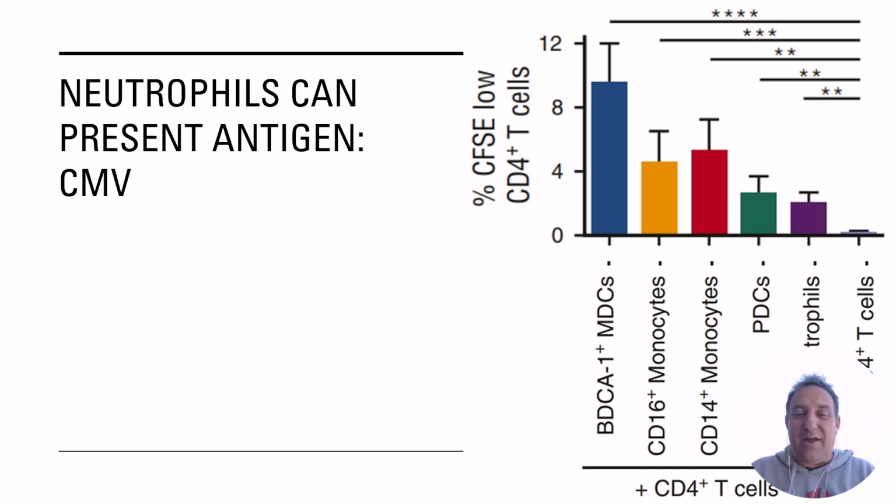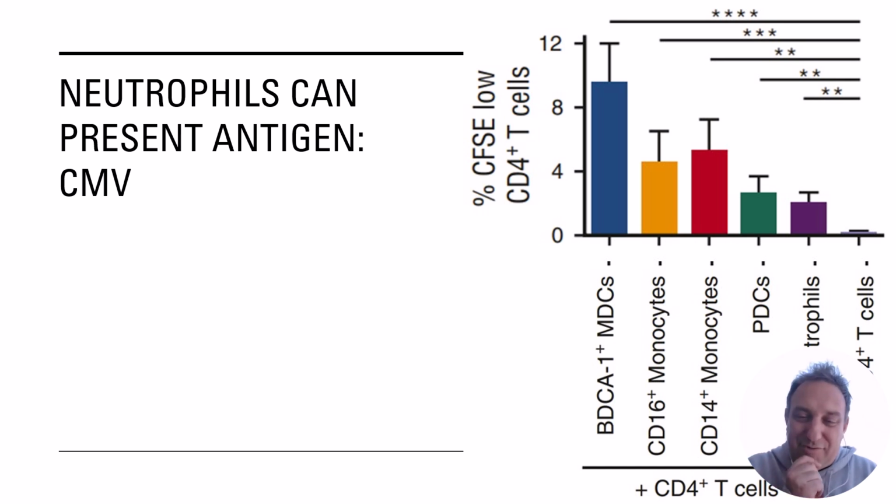So when you look here in this graph, you can see the T cell multiplication is on the y-axis. And as you can see on the far left, monocyte-derived dendritic cells, monocytes, and CD14 and CD80 monocytes, as well as plasmacytoid-derived dendritic cells, PDCs, they activate CD4 T cell proliferation.